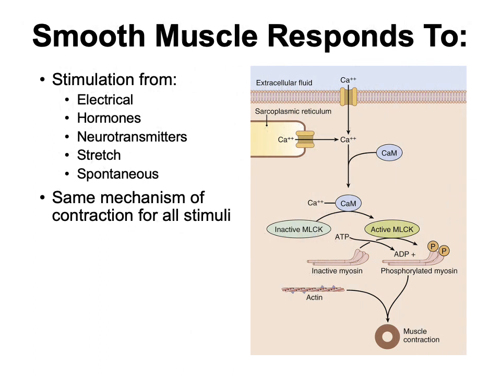Smooth muscle cells respond to stimulation from a lot of sources: electrical stimulation, hormone stimulation, neurotransmitters, stretch, and even spontaneous stimulation. The mechanism of contraction is the same for all types of stimuli, meaning no matter what has stimulated the smooth muscle, the physiology of the events of the contraction is the same.